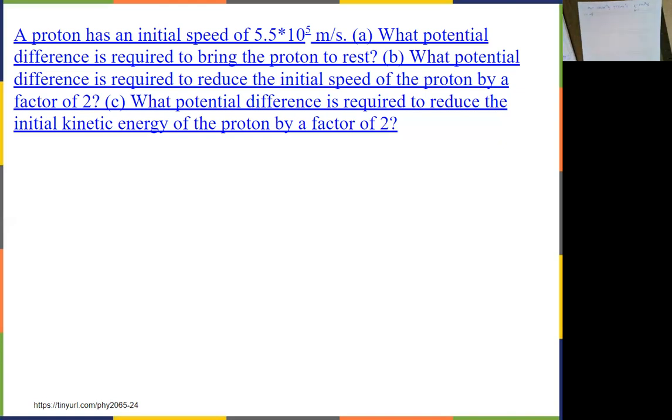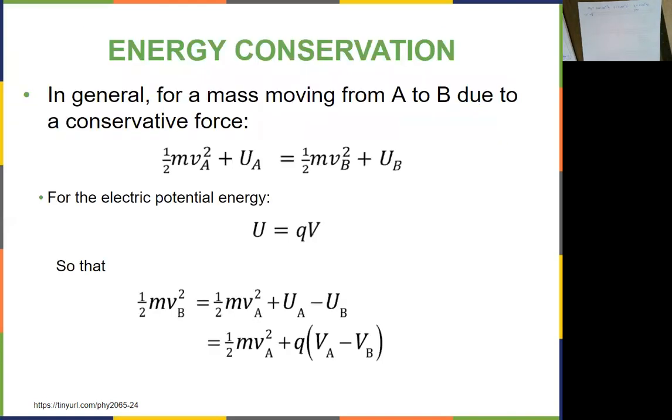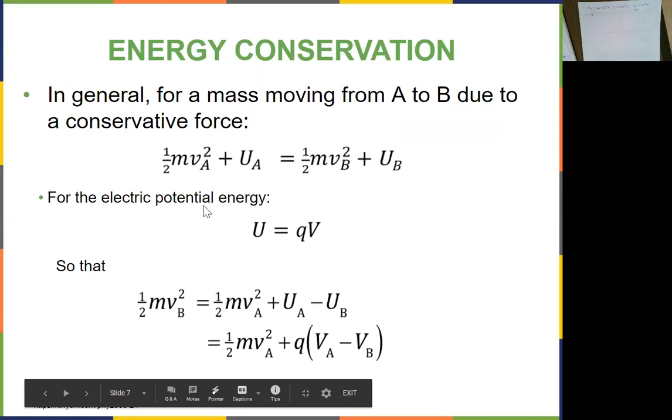Let's go back one slide and talk about the symbols. In the equation you can see small vb, lower vb, and lower va, and there's capital Va, capital Vb. Capital V's stand for the electric potential.